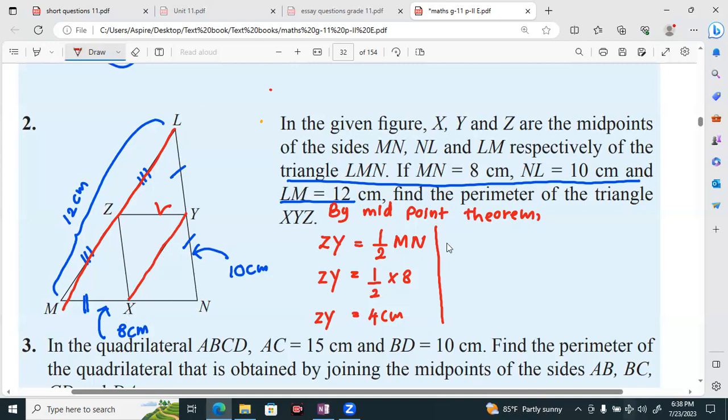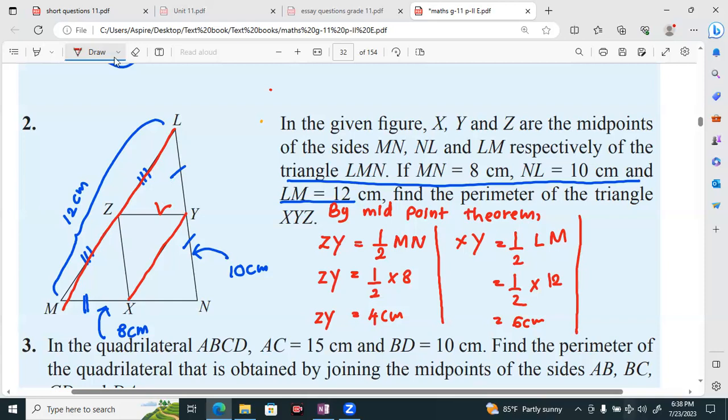Now LM is equal to 12 centimeters, and the line which joins the midpoints of the other two sides is XY. Therefore, XY is equal to half of LM. Half into 12 means 6 centimeters.